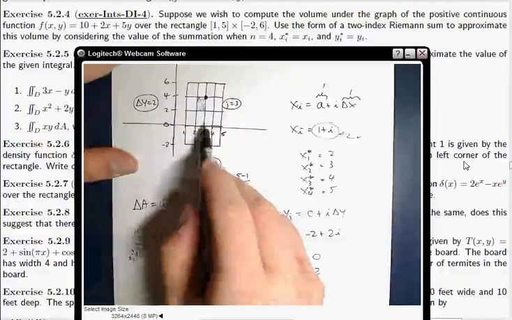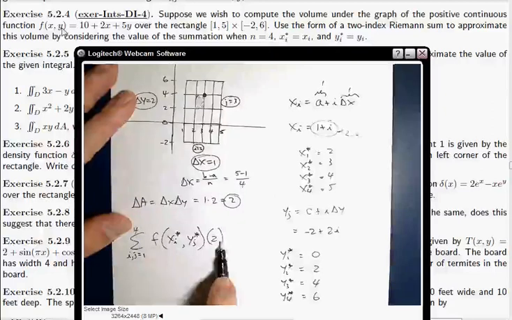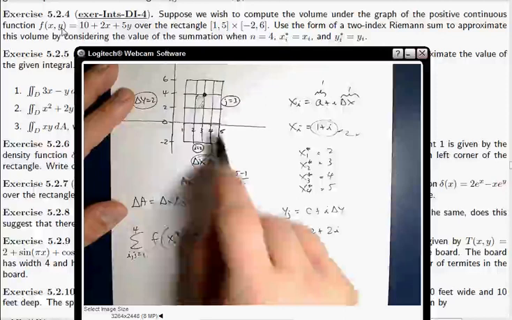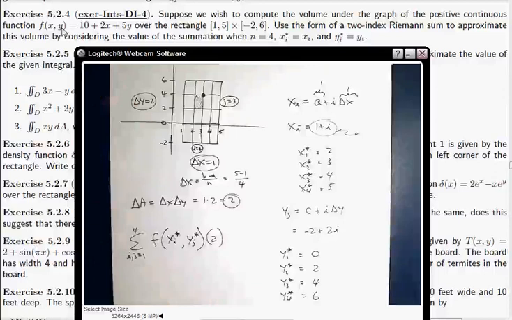So that point, 3 comma 4, plug that into your function. Here's the function, given right there: 10 plus 2x plus 5y. Plug in x was 3, y was 4. That gives you a value of f, which you then multiply by 2, and that's one of your 16 summands. So that's the volume in that square? That's our estimate of the volume sitting over that square. That's right. It's going to be a little off, since it's an approximation, but yes. And then when you add up all 16, that gives you an approximation of the total volume.